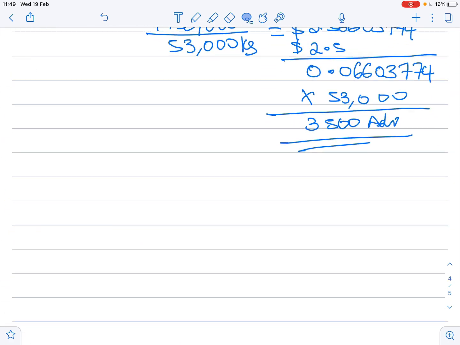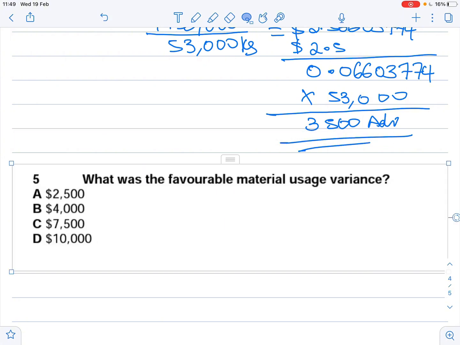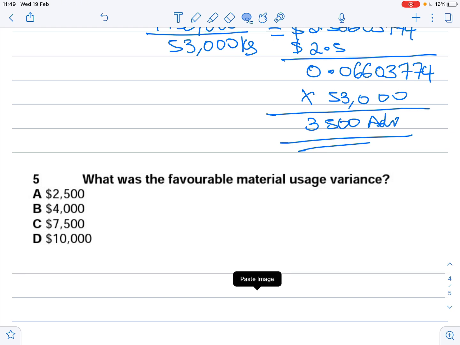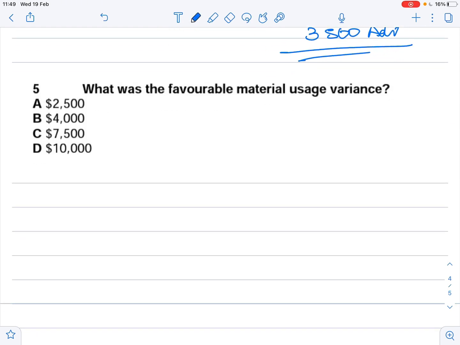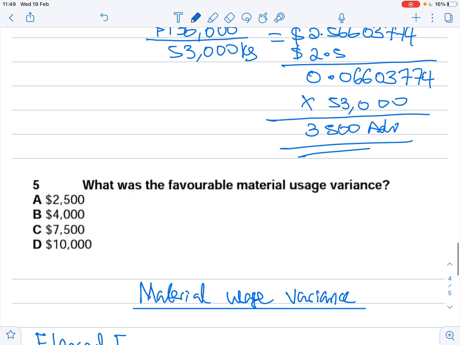This is saying we should determine the favorable material usage variance. So material usage variance is what we need to do at this point. Head it up, call it material usage variance. So what would you do first? Come in and say flexed. Flex is standard actual. So again, we'll go back to the cost card.